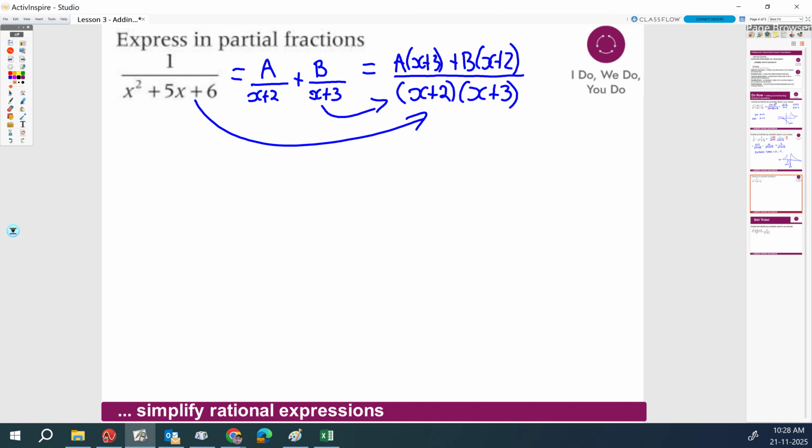So all of this is possible. That leads us to the equation that 1 has to equal A bracket x plus 3 plus B bracket x plus 2.